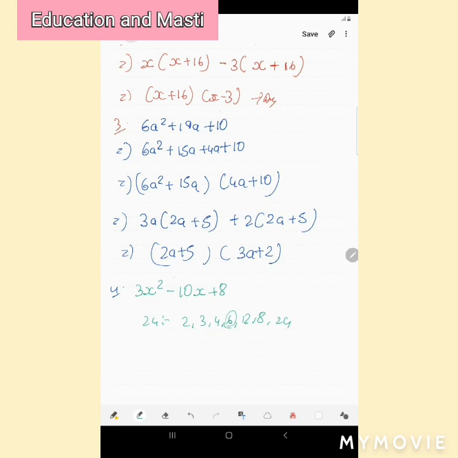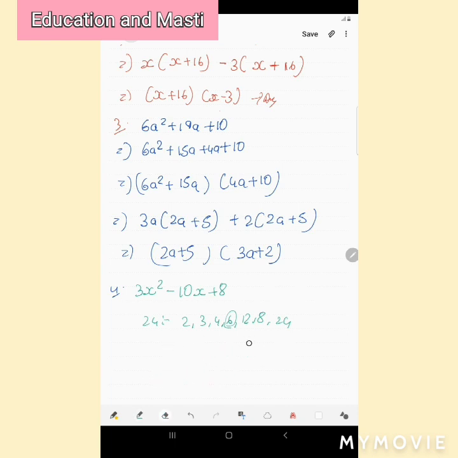But here it is given minus 10. So you will write minus 6 plus minus 4, and you will get minus 10. And when you multiply minus 6 into minus 4, you will get 24, because minus into minus equals plus.